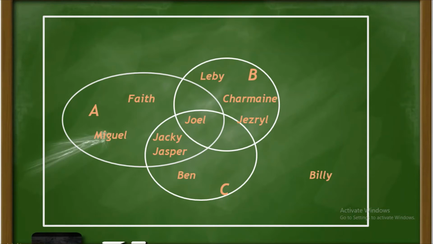Kaya, ang set A at saka set B, nag-overlap siya kay Joel. Dito naman sa set A at saka set C, as you can see, may tatlong bata na nag-overlap. We have Joel, we have Chucky, and we have Jasper.